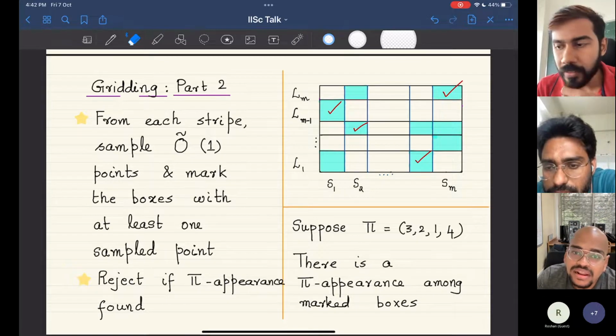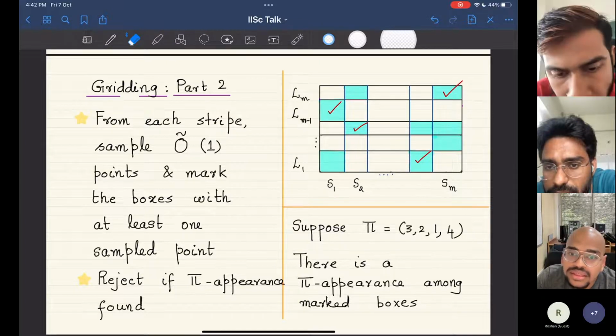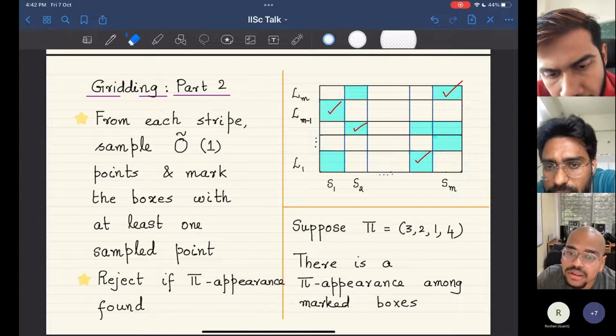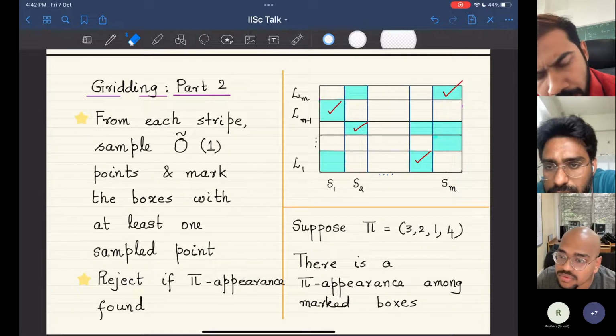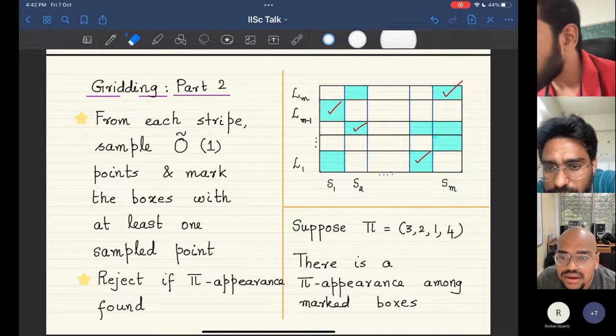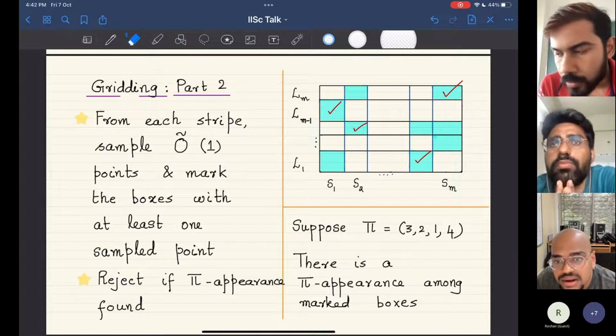So let's say I fill the first m boxes in the top, and the second thing I'll fill the rightmost m minus 1. And third I'll fill the rightmost m minus 2 and so on. Then I'm filling approximately m square boxes, right? And in this particular thing, we can't find any pattern.